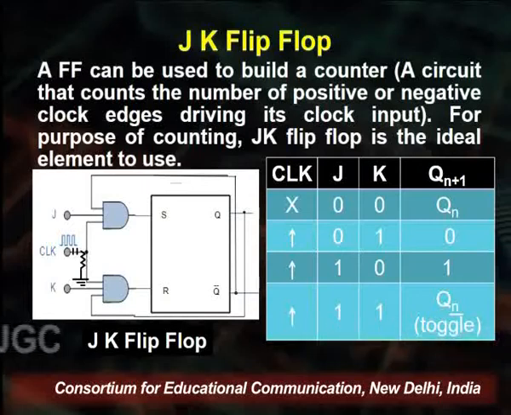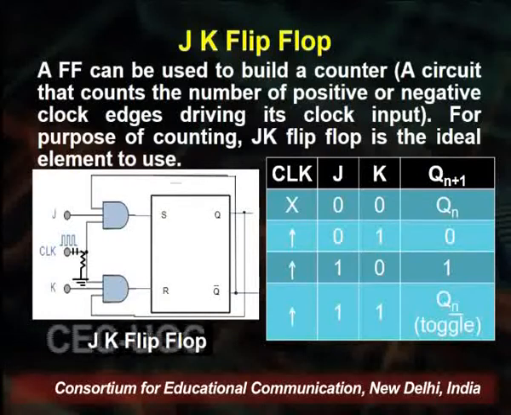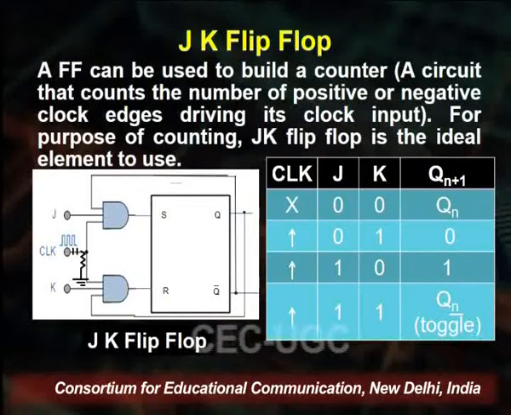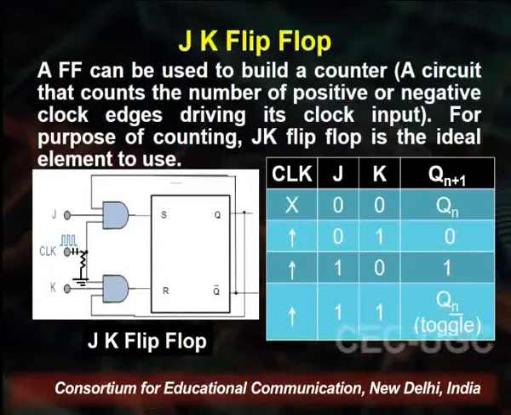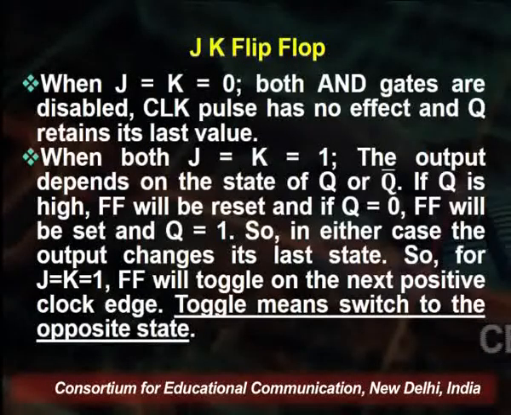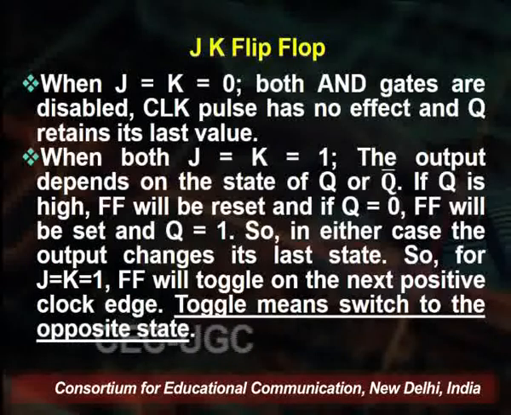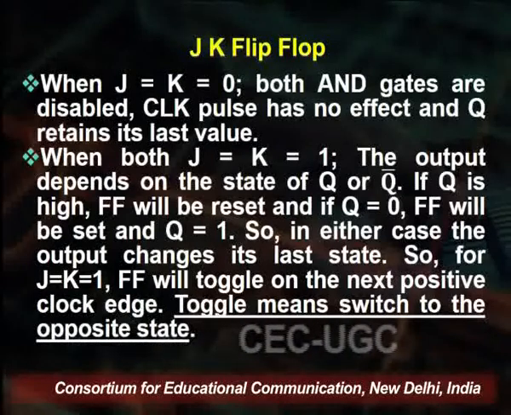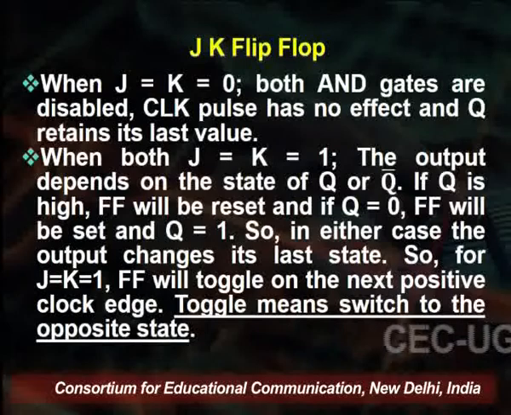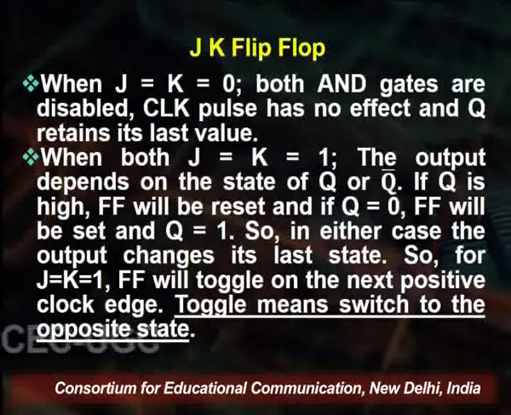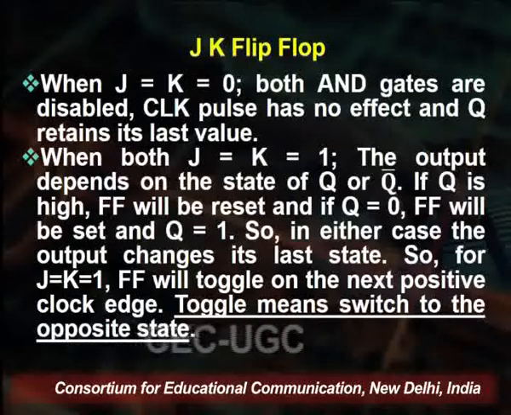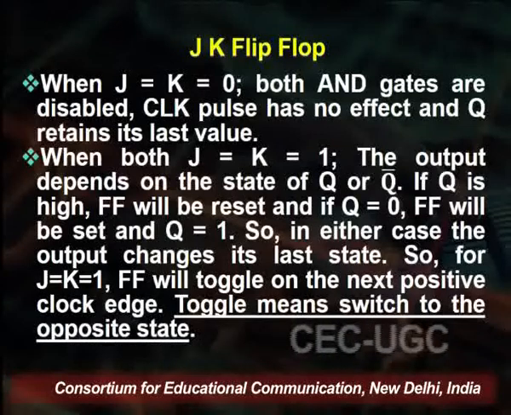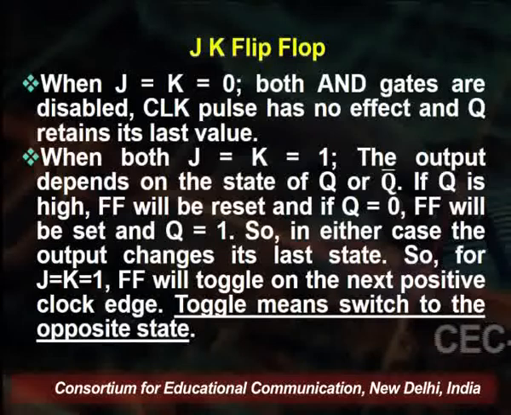It will go on forever till the time the clock edge goes high every time. So what is toggling? The toggling refers to switching to the opposite state, and this switching of the output of the JK flip-flop when its inputs are both J equal to 1 and K equal to 1, this will keep on going on till the time we have the clock running.